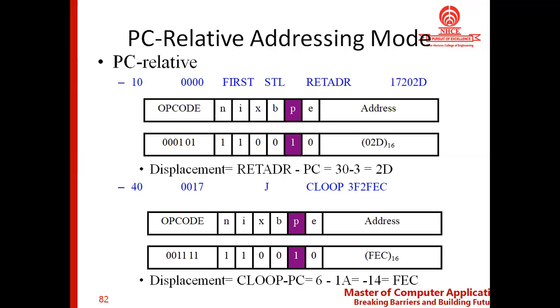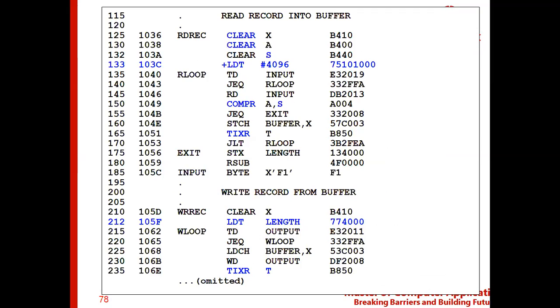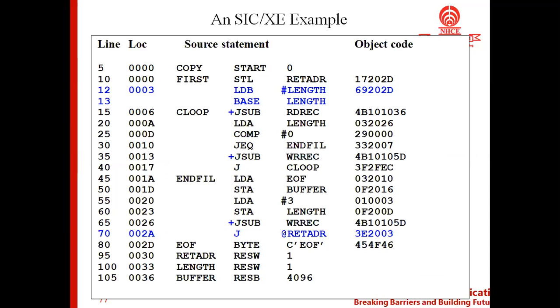In order to calculate the displacement, we should know the value of TA and the value of PC. In line number 40, we have the instruction and the symbol is C loop. So we should understand what the value of C loop is and what the value of PC is. I am going back to the program so that you can see the value of C loop and the value of PC.